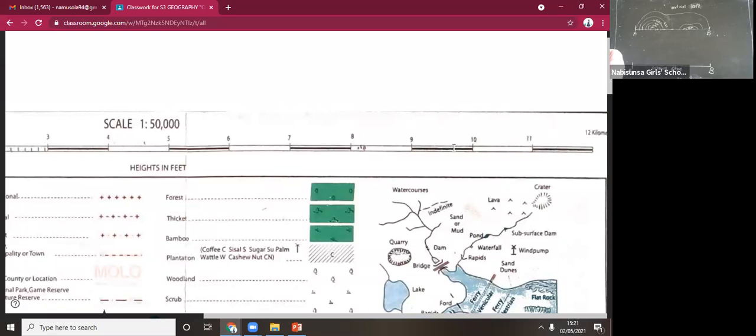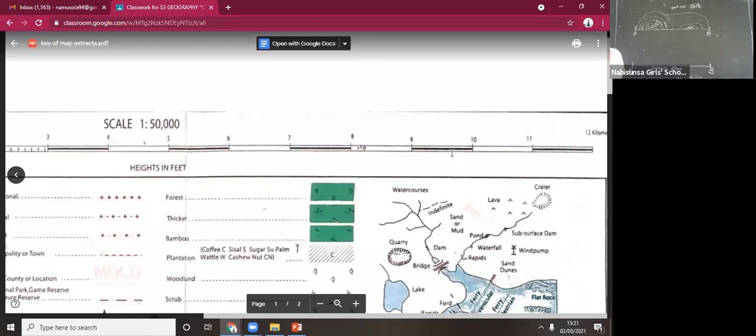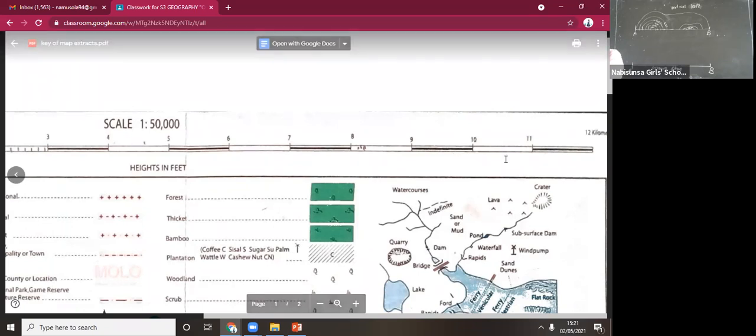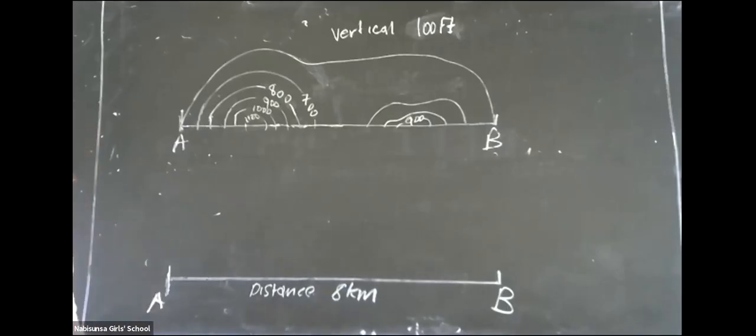Yes, teacher. When you get your ruler and you measure from 9 to 10, you will see that they are 2 centimeters. But on actual ground, they are representing 1 kilometer. Each space here, you see black 1 kilometer, white 1 kilometer. So it's the same as what we are drawing here.